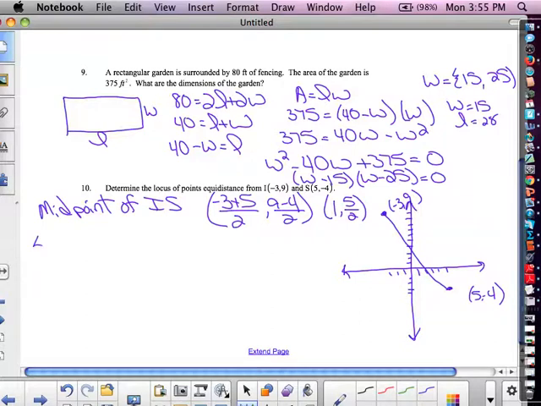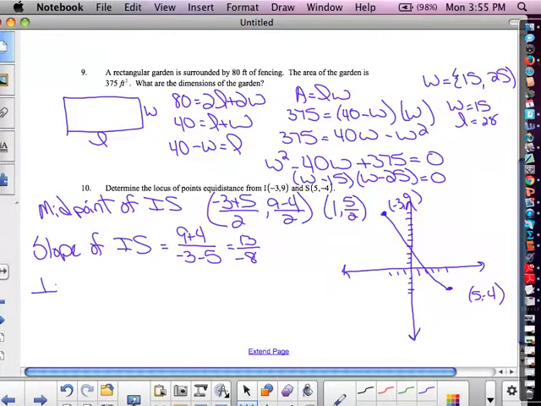Then you need the slope of IS, and that's going to be equal to 9 plus 4 over -3 minus 5. So 13 over -8 is the slope of IS.